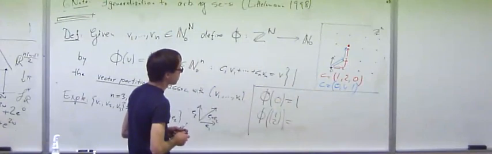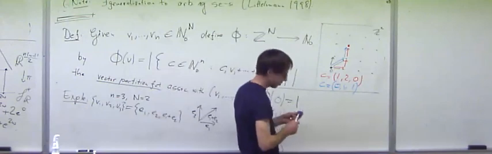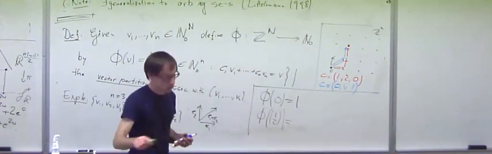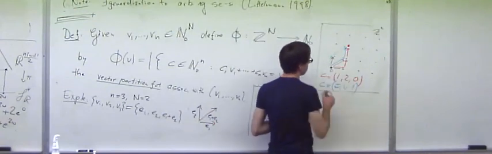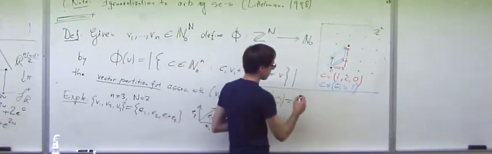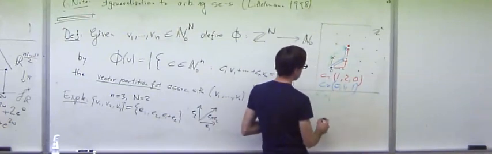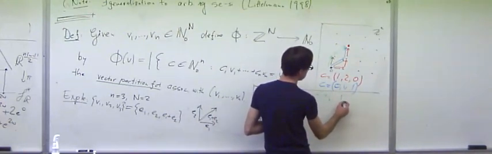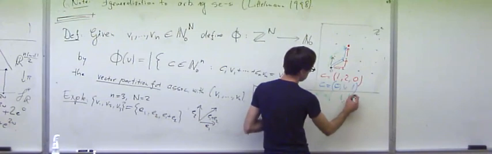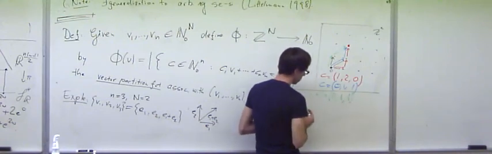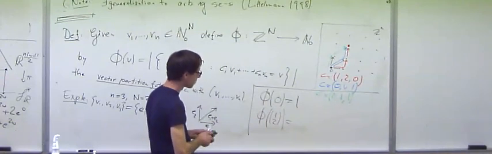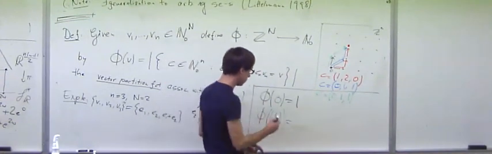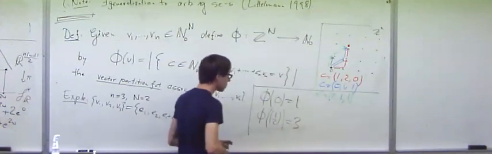And what's the third possibility? I can start by going up, and then I go diagonally. So I go up once, I go diagonally once, and I don't go to the right at all. And then you can just notice that these are all possibilities, so phi of this is 3.